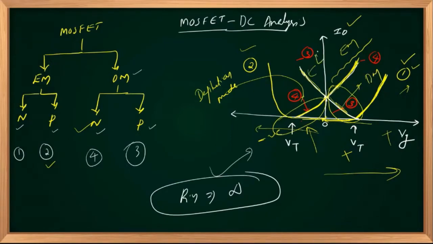Here it is enhancement mode. And the enhancement region is similar to curve number 2, that is a P-type device. Curve number 2 was P-type. So that belongs to a depletion mode P-channel device. P-channel device, right?